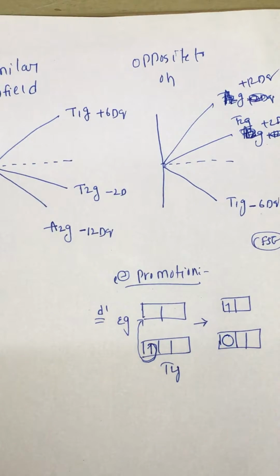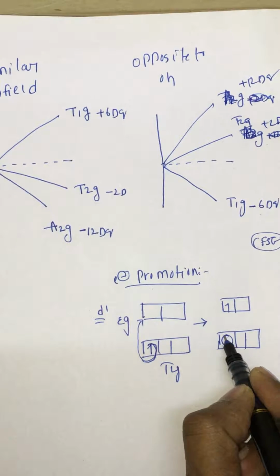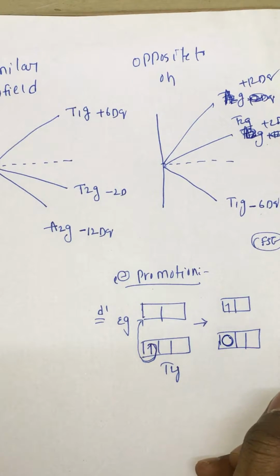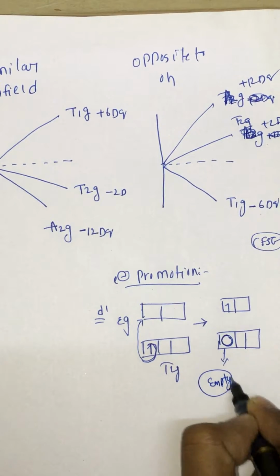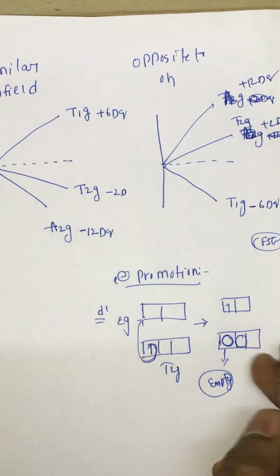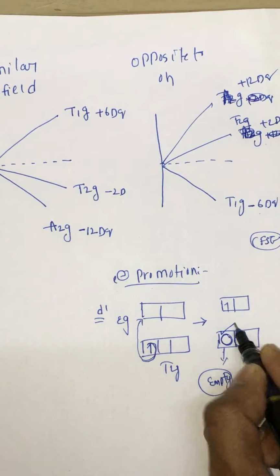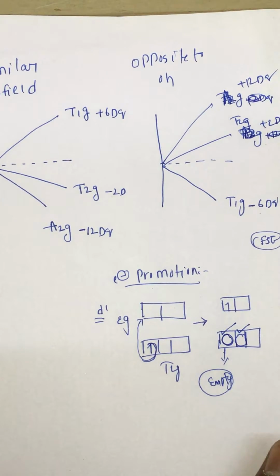To identify whether this is electron promotion or hole inversion, a simple indication is that wherever a hole is formed, it has to be accompanied by another empty orbital. Here an empty orbital is formed, and it has to be accompanied by another empty orbital. Here instead of one, two are there, and one is sufficient. So here we got an empty orbital, and here also an empty orbital is there. So this is electron promotion.